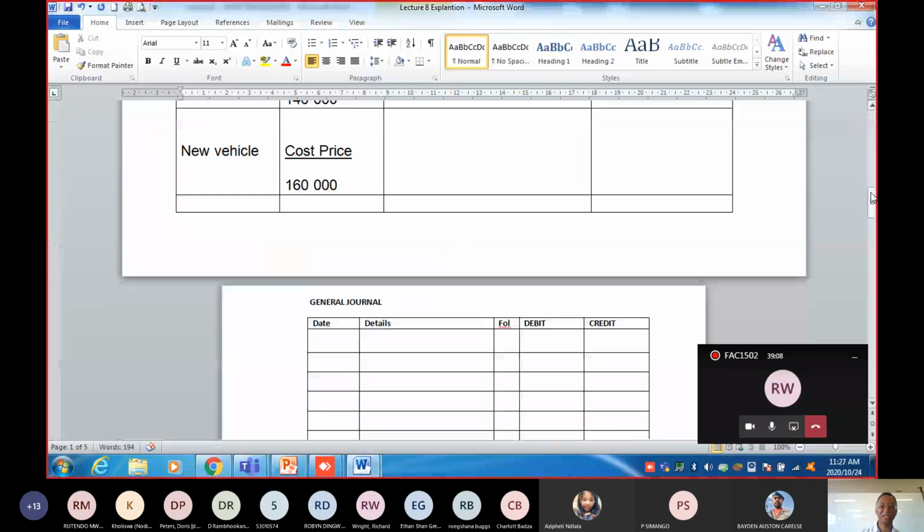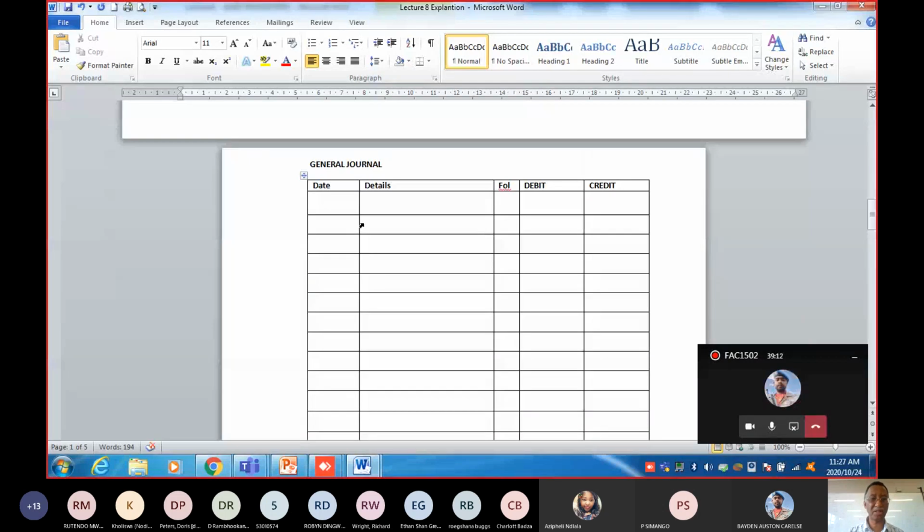First I'm going to record the entries in the general journal. Remember, the question asked you to show all the journal entries on the 1st of October, the date of the asset realization. And when you sell an asset, there are 5 steps that you must follow. So in your journal, we will have the following.